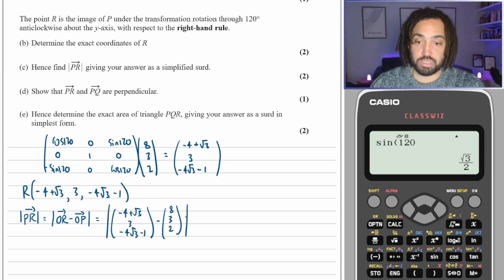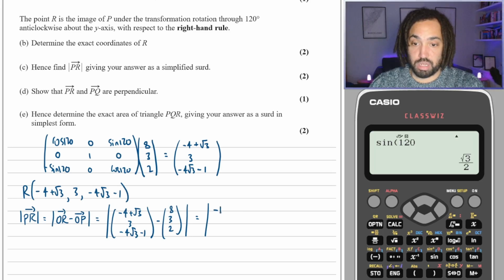And then we'll take the modulus of that. So this is going to be minus 4 minus 8 is minus 12, so minus 12 plus root 3. And then that's going to be 0. And this is going to be minus 4 root 3. Minus 1 minus 2 is minus 3.